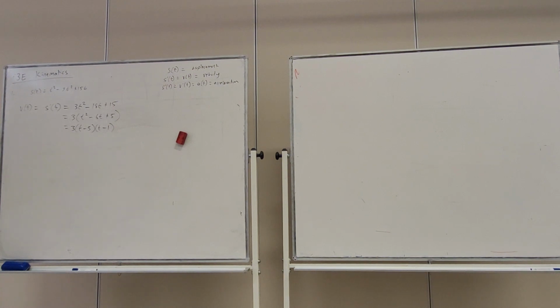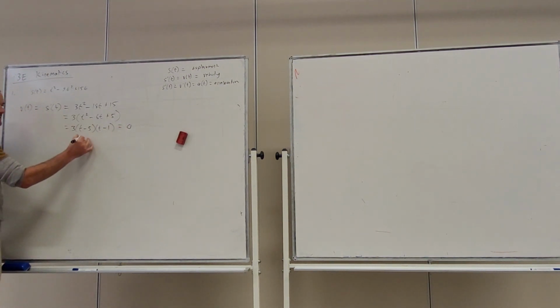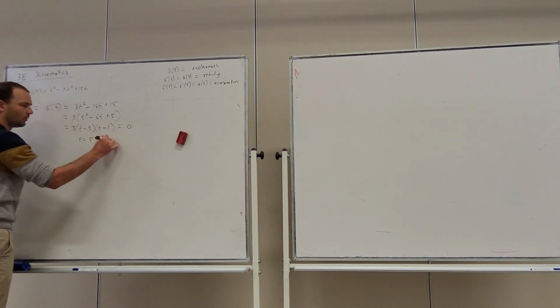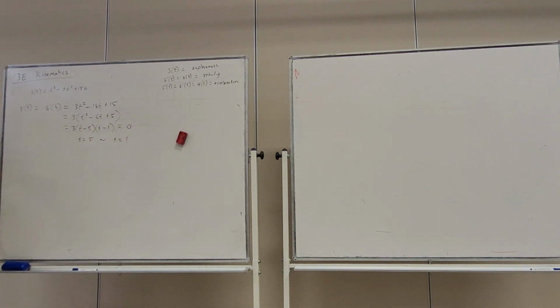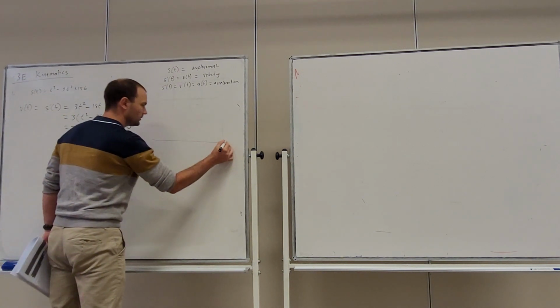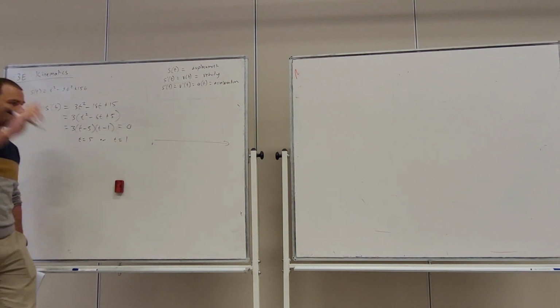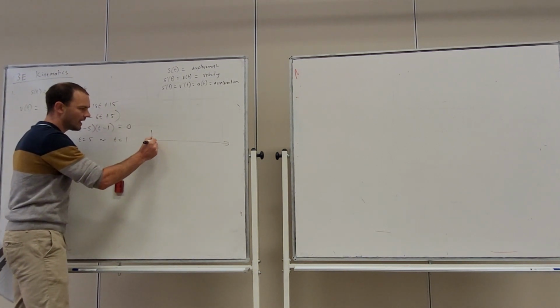If we want to know its roots, we're going to make it equal to 0, right? And so the solutions are 5 or 1. So over here, I'm going to draw the sign diagram of the velocity function. Now, with kinematics, when we draw a sign diagram, we have a line here at 0.